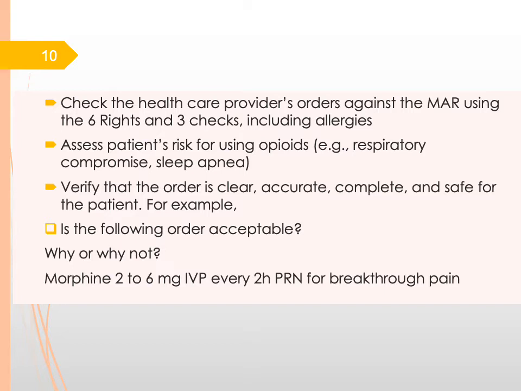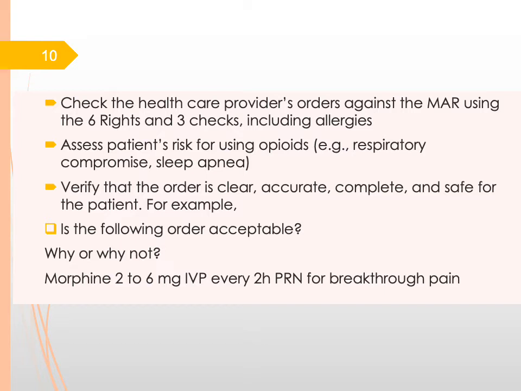They're considered opioid naive, so their doses are less because they're more at risk for some of those common side effects, so they need lower dosages. And also patients who chronically take opioids need to have higher dosages.